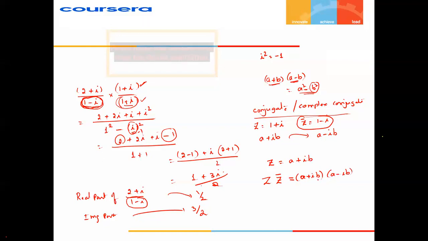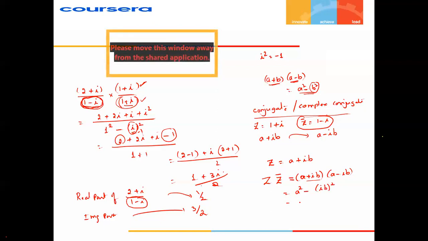Then it is (a + ib)(a - ib), a square minus (ib) whole square, a square minus i square b square. i square is minus 1, minus minus plus, therefore a square plus b square. I hope you understood. Very simple, very good.